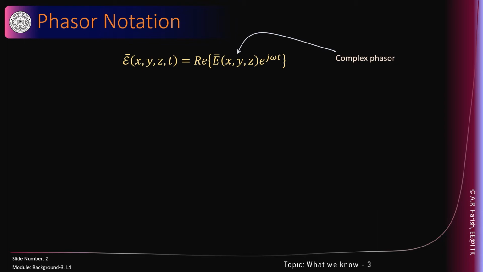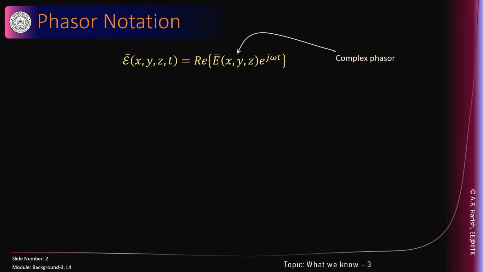This quantity E bar is known as the complex phasor, and you're probably familiar with phasor in electrical circuit theory, where it was a scalar phasor, but here E bar is a complex phasor. So it is a function of space, and it has a direction as well. It's a vector quantity. As we go along, we will get more and more familiar with this concept.